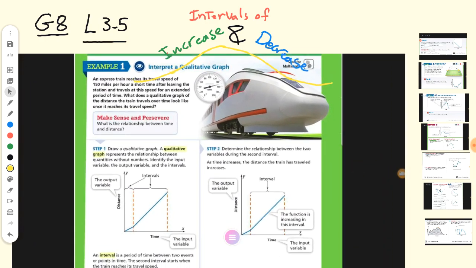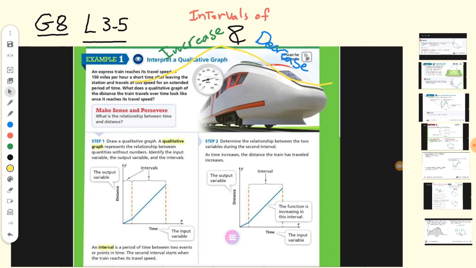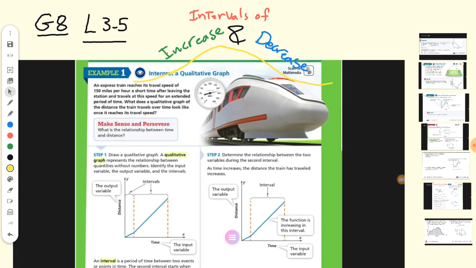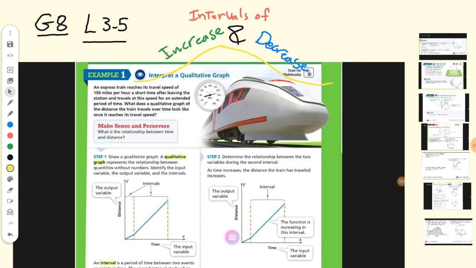decreased or constant. How? As an example here in our book, an express train reaches its travel speed at 150 miles per hour a short time after leaving the station and travels at this speed for an extended period of time.